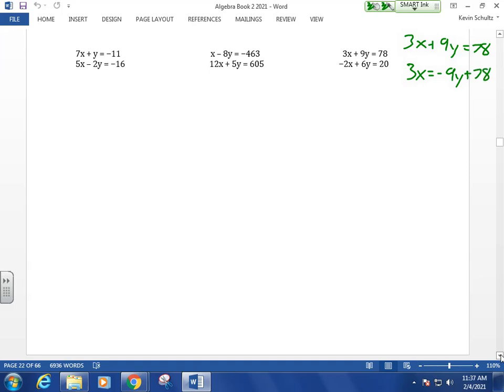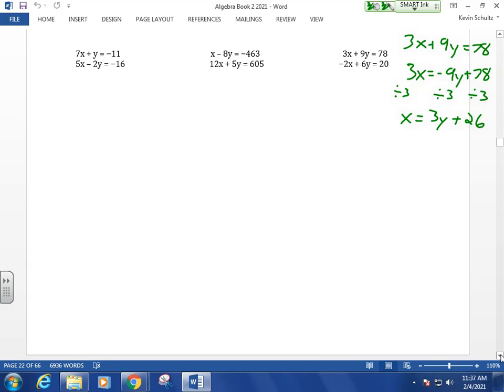Subtract 9y from both sides to move it over. And then when we divide by 3 to get x by itself, everything kind of just works out nicely. We had x equals negative 3y plus 26. If you try to put it in slope-intercept form, get y by itself, then you get a fraction.